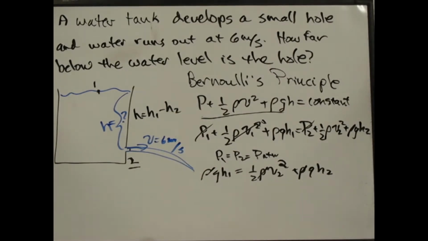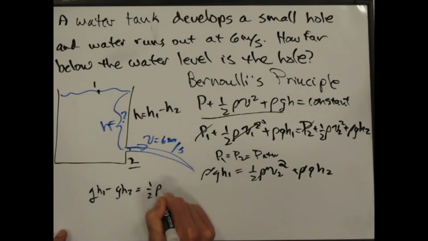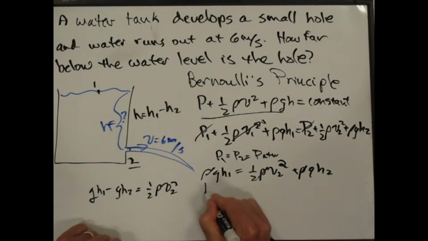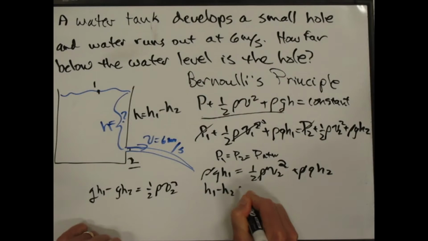Right, that's the height I want. And so I can subtract these over, and I can say, look, gH1 minus gH2 equals 1/2 V2 squared. Or H1 minus H2 is equal to V2 squared over 2g.